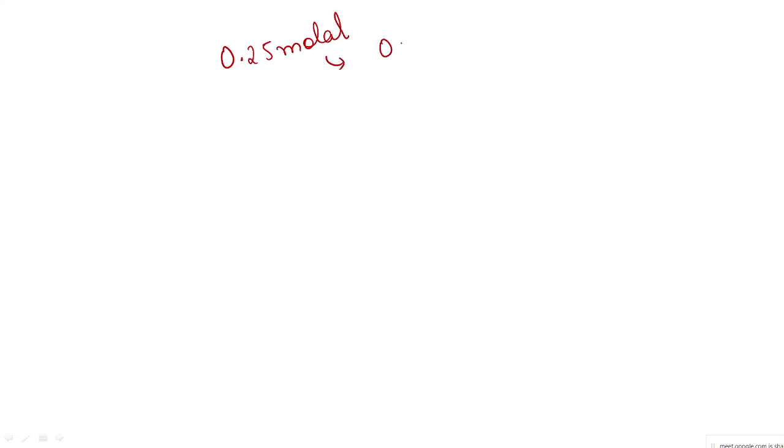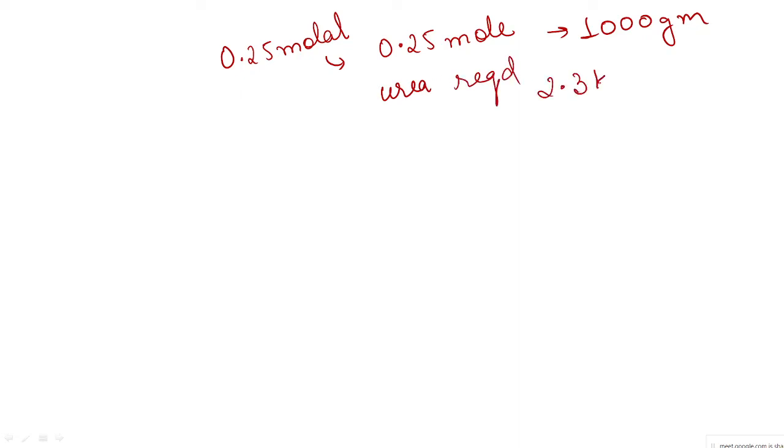See here, the question that you were doing there, it was given that a solution is made which is of 0.25 molal. 0.25 molal means the molality, that is 0.25 moles are added to 1000 gram. Now what will be the amount of urea required when you are preparing a solution of 2.3 kg?